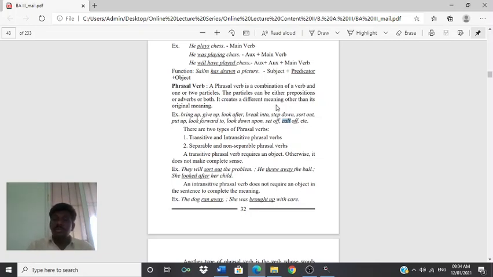It completes the meaning only with, the dog ran away. This is an intransitive phrasal verb, run away. She was brought up with care. This is an intransitive phrasal verb.